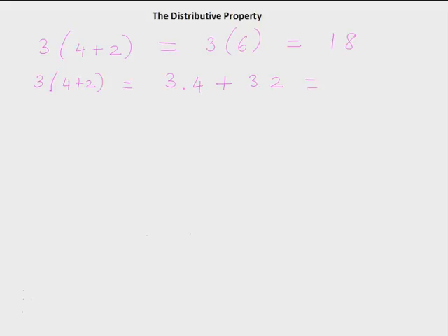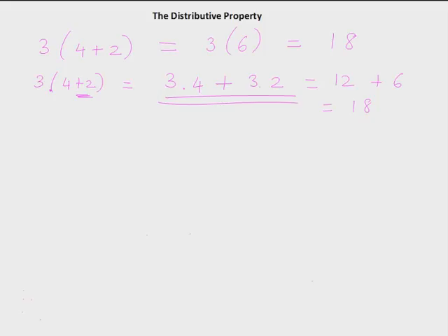So I've distributed the multiplication across the addition. It was 3 times (4 plus 2). I've made it 3 times 4 plus 3 times 2. And now this becomes 12 plus 6 equal to 18. When it's written like this, implicitly you have to do the multiplications first and then the addition, because multiplication has higher priority over addition in the order of operations.